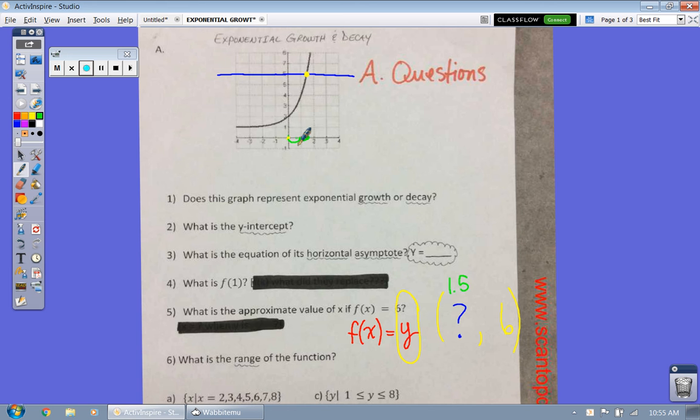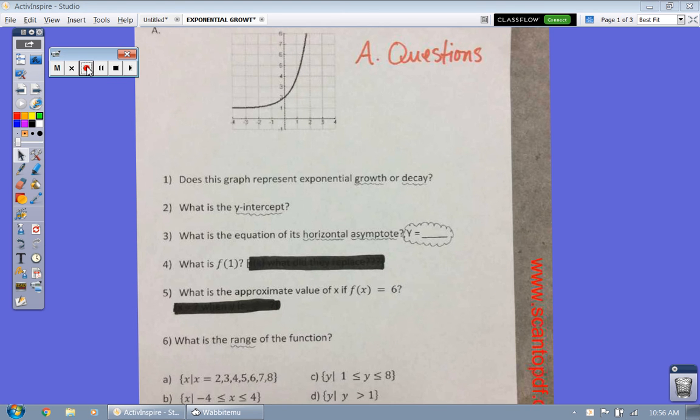And check it out, if I go 1.5 to the right, and then I go 6 up, 1, 2, 3, 4, 5, 6, notice I hit the graph. So my answer to number 5 is 1.5. That's all it's asking. So when you see this functional notation like this, they're asking you to find a missing component that'll make a coordinate that hits the graph. Okay.